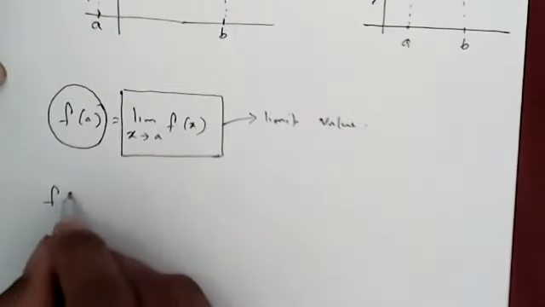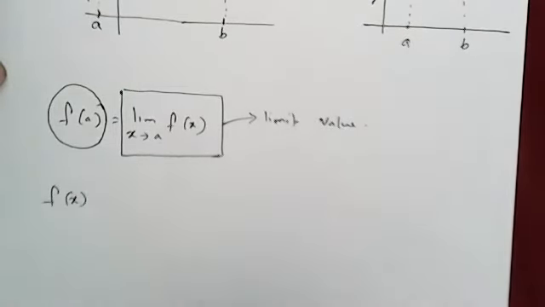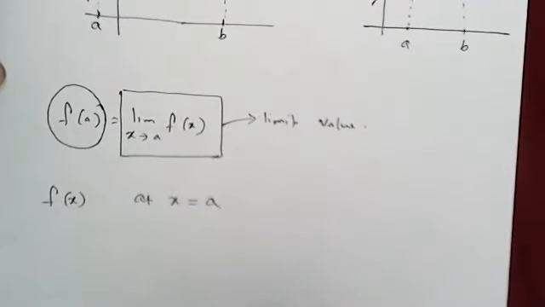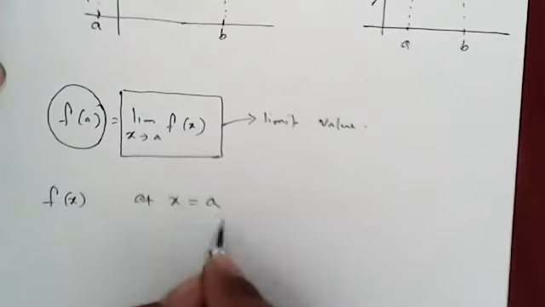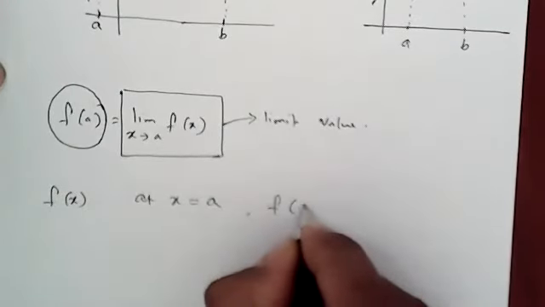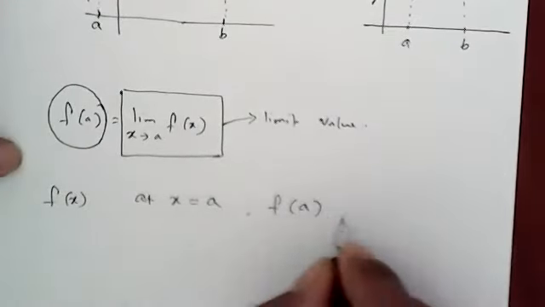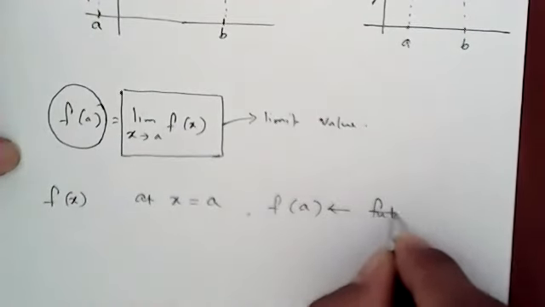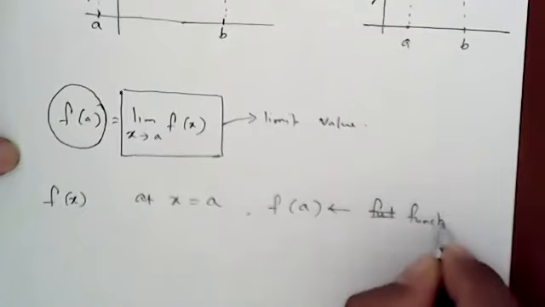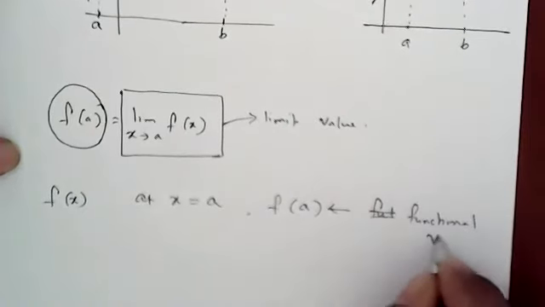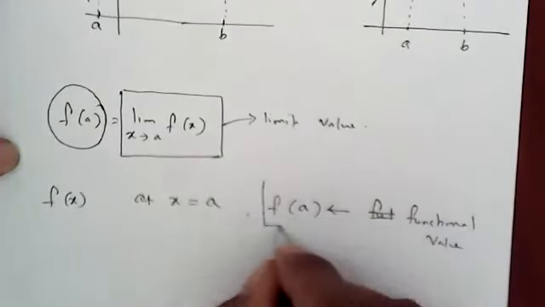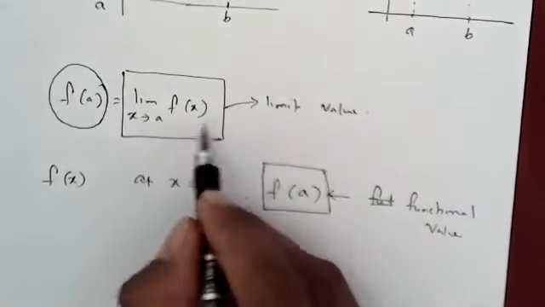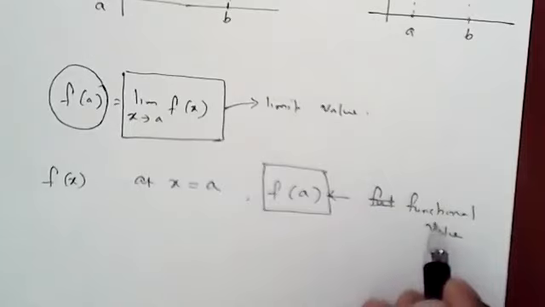If we have a function f of x, then at x equal to a, if we replace x by a, it will be called the functional value. So f of a is known as the functional value, and this is called the limiting value.